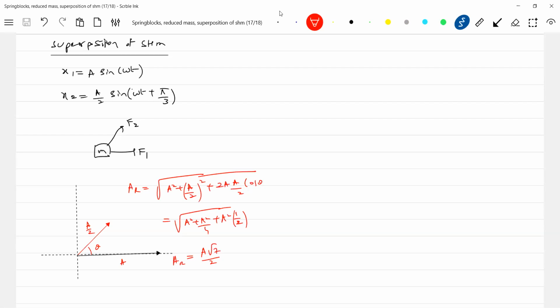Go back to vector addition. The angle made by the resultant vector with P is given by tan phi equal to Q sin theta by P plus Q cos theta. I think this was the formula we had. Tan phi is equal to a sin theta by A plus a cos theta.